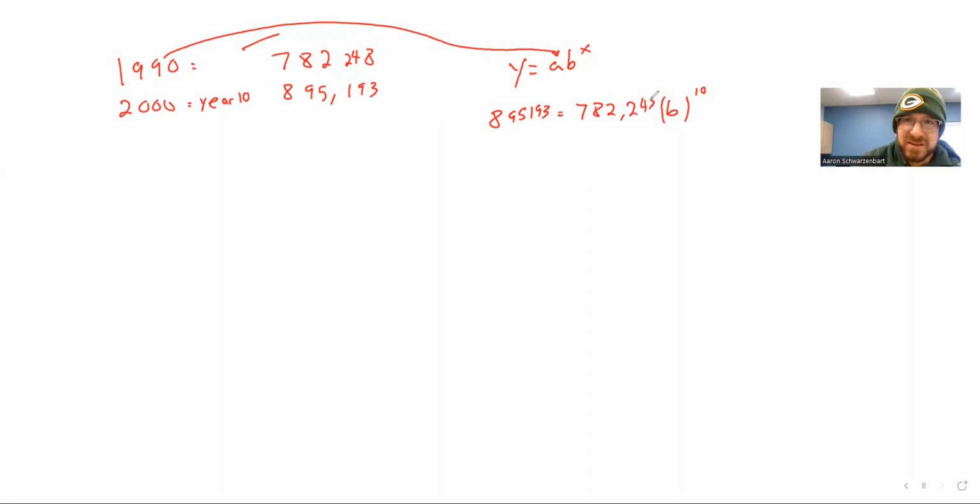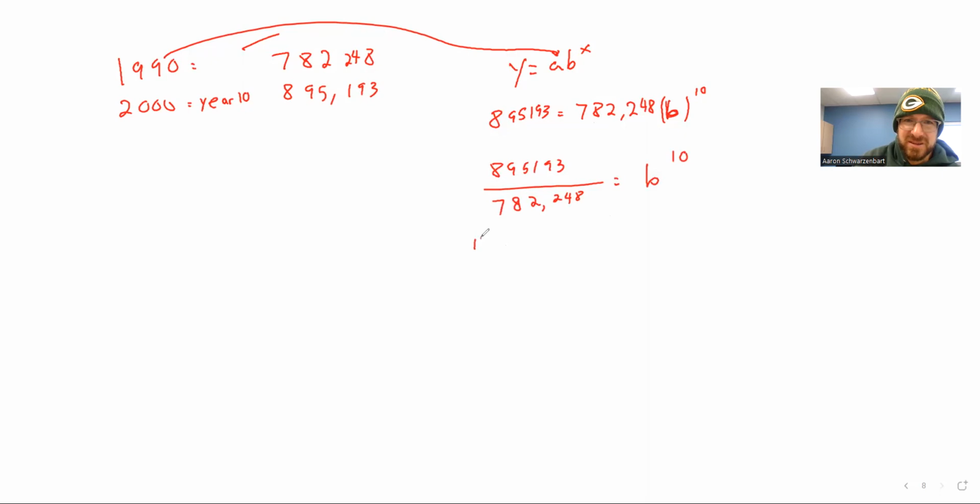This is a b, not a 6, my base. To solve this, I'm going to initially undo my multiplication by dividing. So I get 895,193 divided by 782,248. I divided both sides by 782,248, and that's b to the 10th.